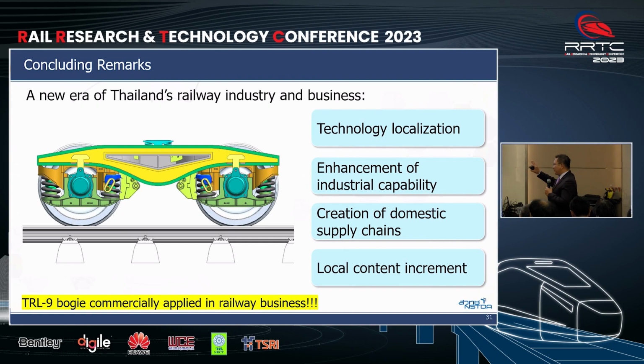If we conduct our research successfully, we wish that we can create technology localization, enhance industrial capability locally, and create a domestic supply chain. And last but not least, we hope that we can increase the local content in the railway business significantly.